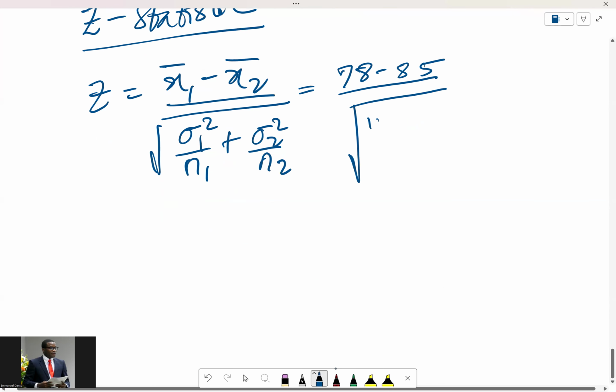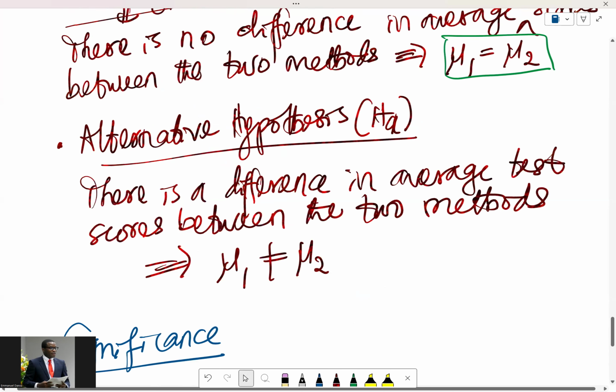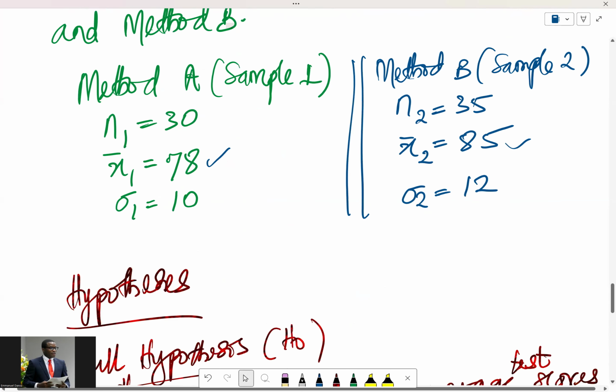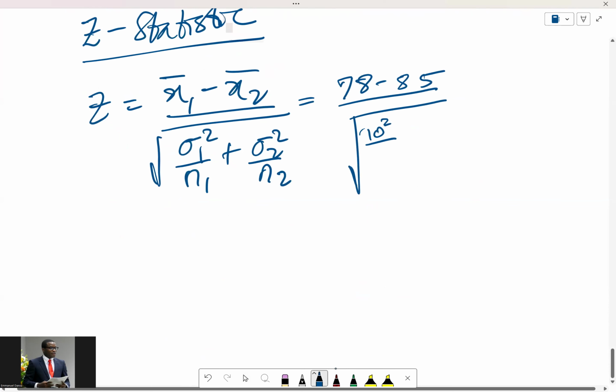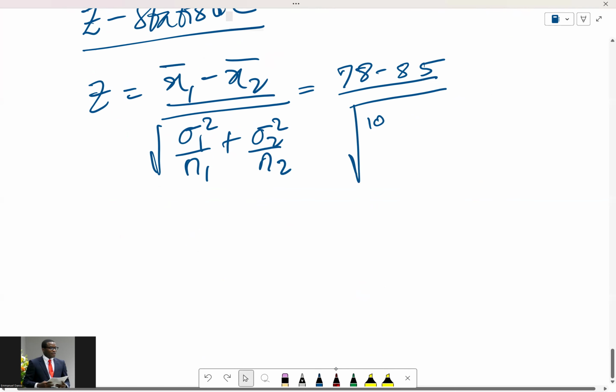So that's 10 squared over n1 is 30, n2 is 35. So that's 10 squared divided by 30 plus 12 squared divided by 35.